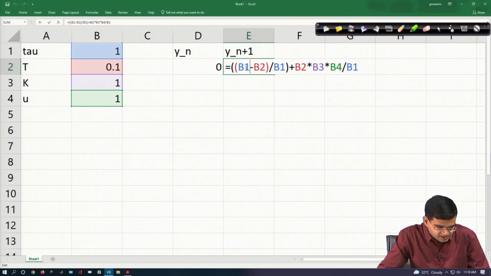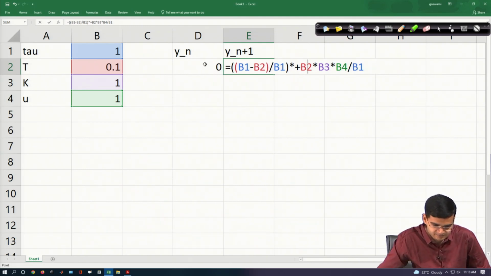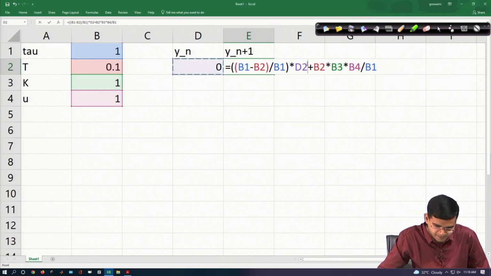So, tau minus T divided by tau multiplied by y 1, plus T into K into u divided by tau.